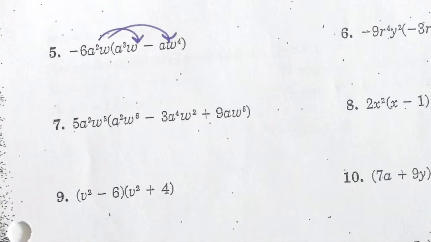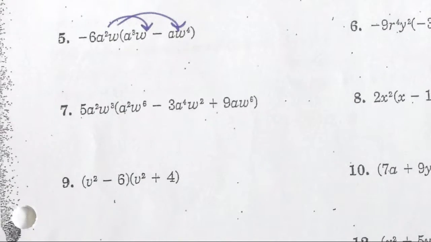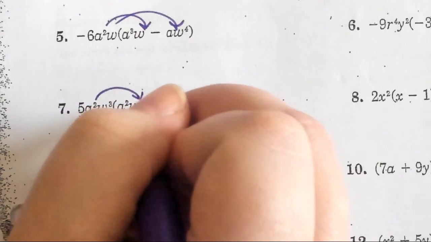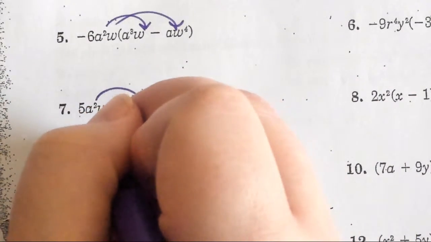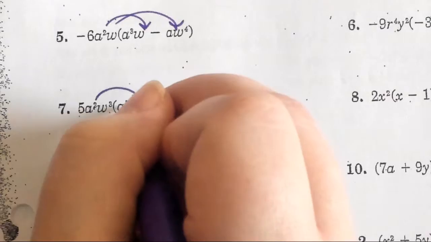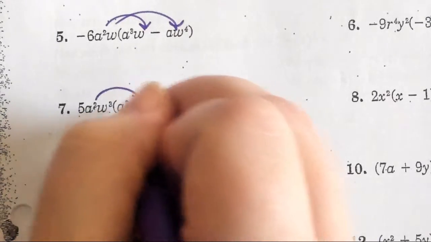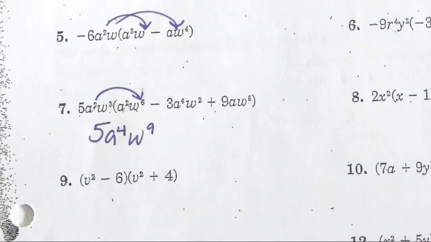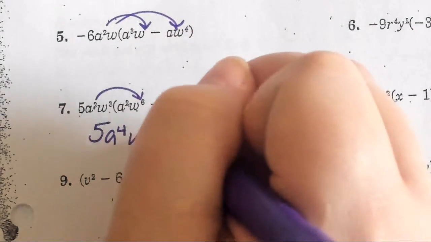So we're still going to distribute, but they're really wanting us to pay attention to our rules of exponents, so I'm going to go through this one very quickly. 5a squared w to the third times a squared w to the sixth. That would be 5a to the 2 plus 2 is 4, w to the 3 plus 6 is 9. Minus 5 times 3 is 15.